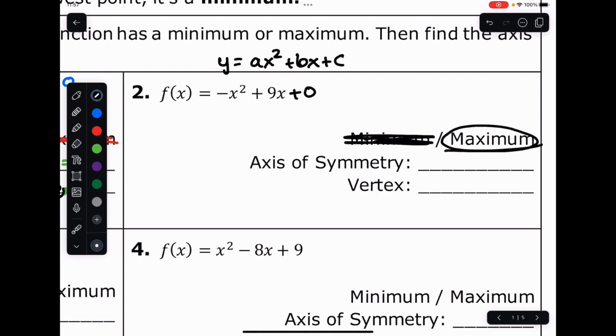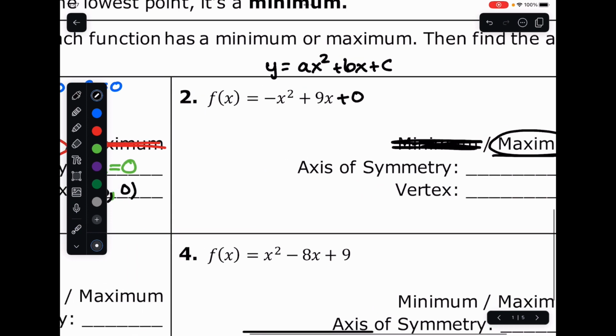Well, to identify where the vertex is located, we're going to use the following equation: x equals negative b divided by 2a. So our a value here is negative 1. Our b value is positive 9. And the value of c again is 0.